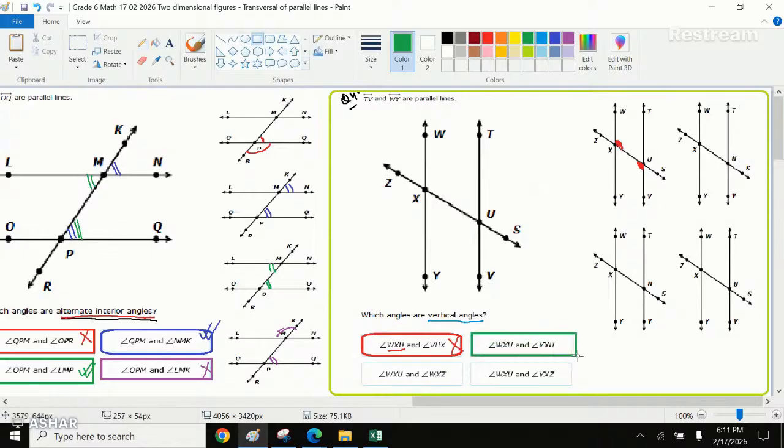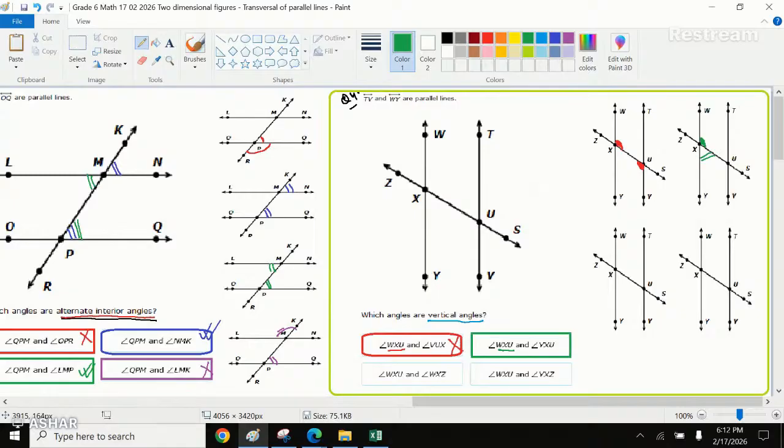let's have a look. For the next option, we had the angles W, X, U, this angle was given, and YXU.